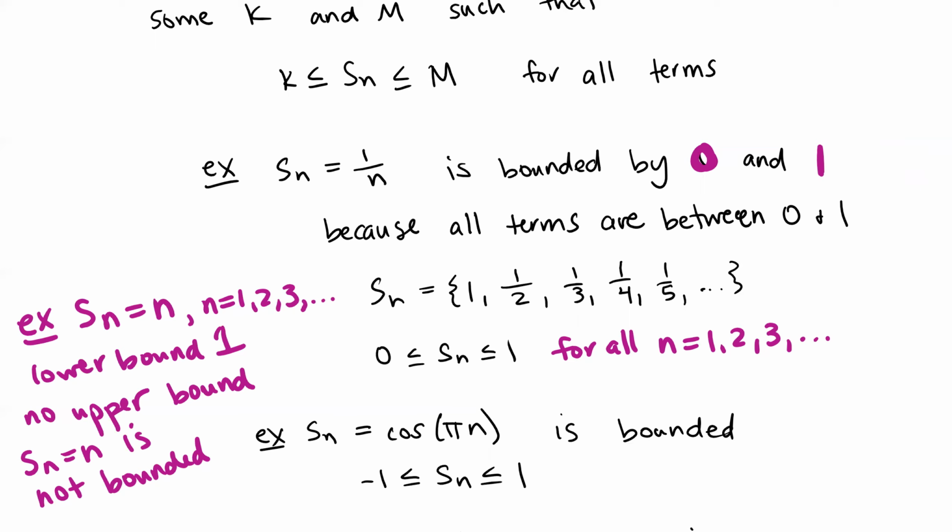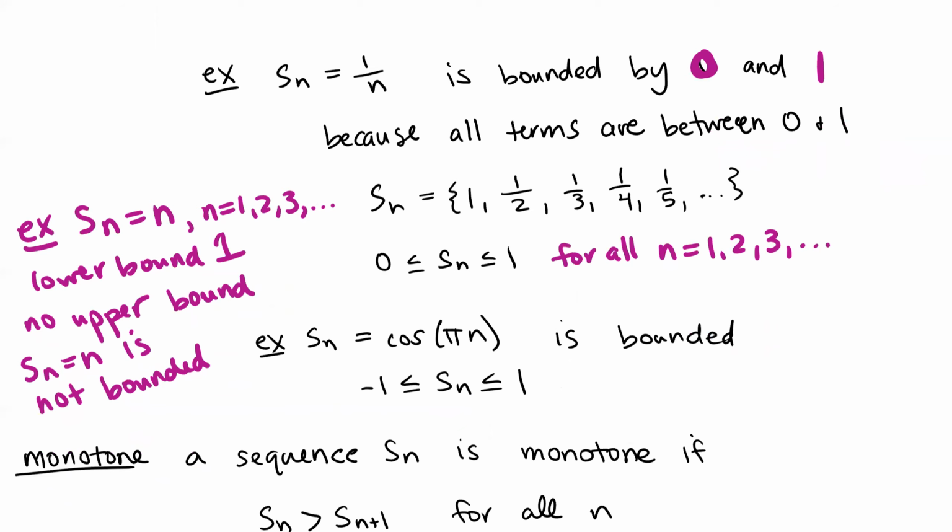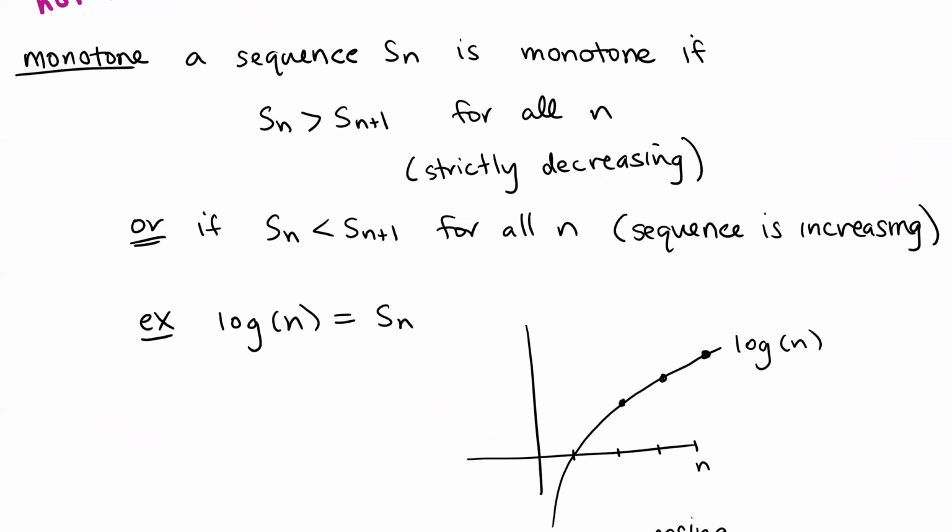Okay, so now that we understand what bounded means, let's look at our definition for monotone. So a sequence is monotone if it's always increasing or always decreasing. So we need to have either increasing or decreasing. Let's take out the word strictly just to make it a little simpler.